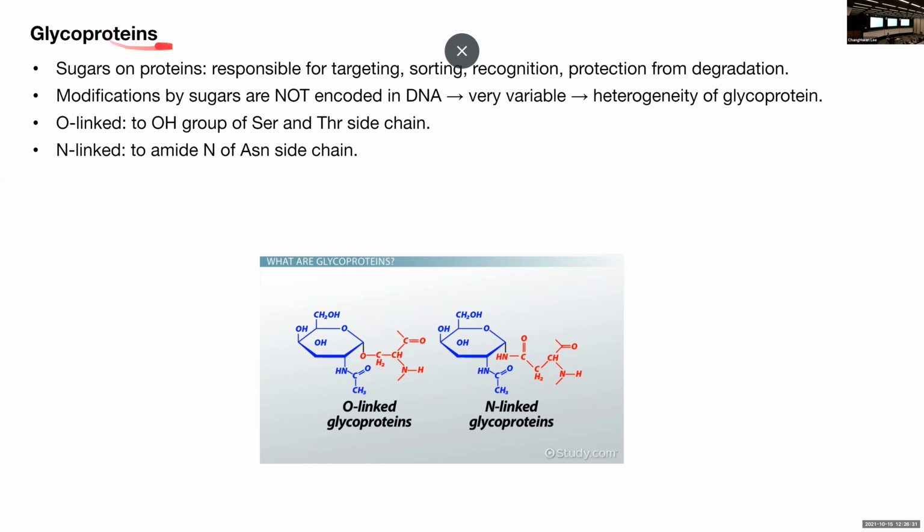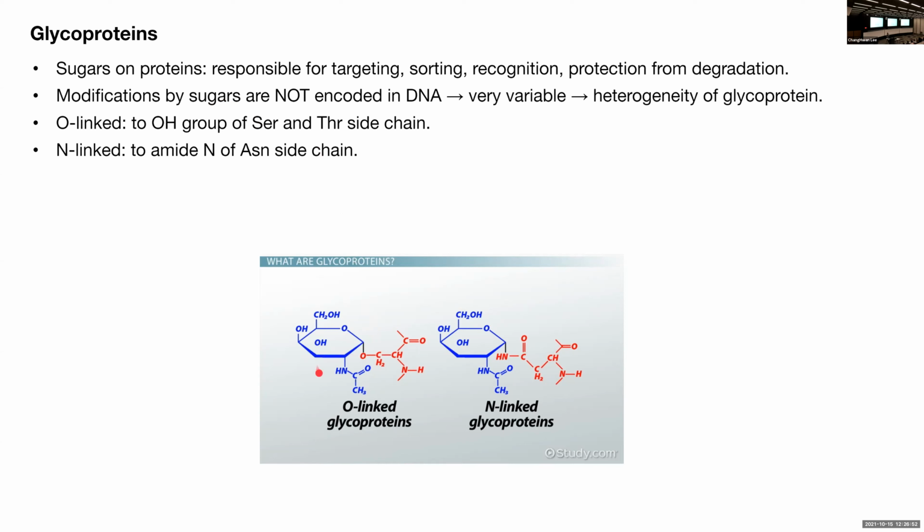And there are two types of linkages between the sugar and the proteins for building the glycoprotein: O-linked and N-linked glycoproteins. O-linked, as you can see here, have the oxygen for the linkage between the protein and the sugar. And that happens on the hydroxyl group of serine and threonine.